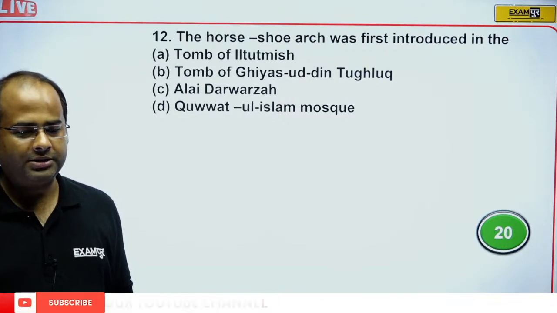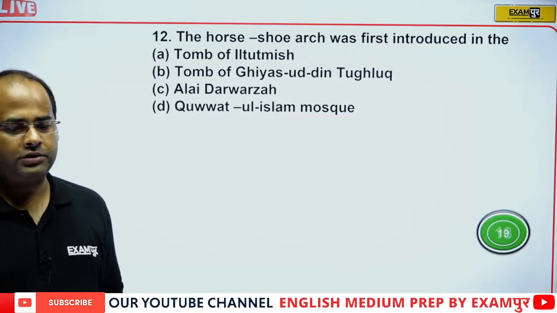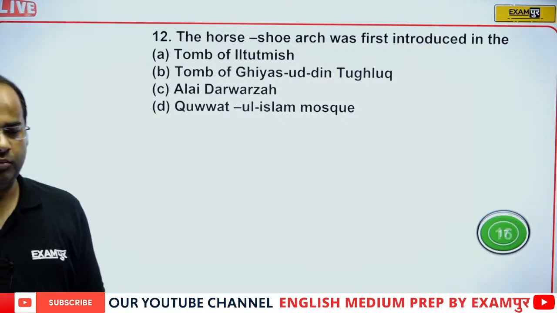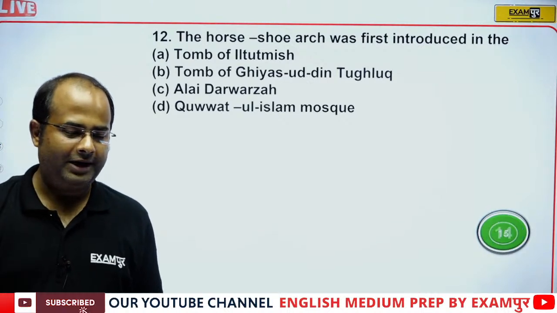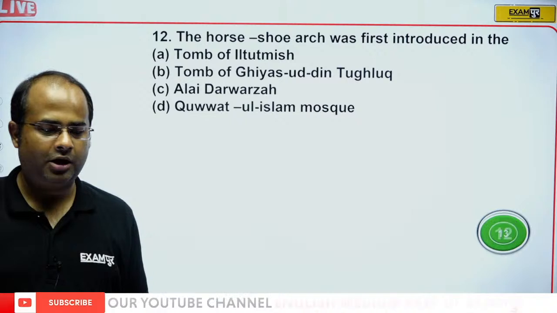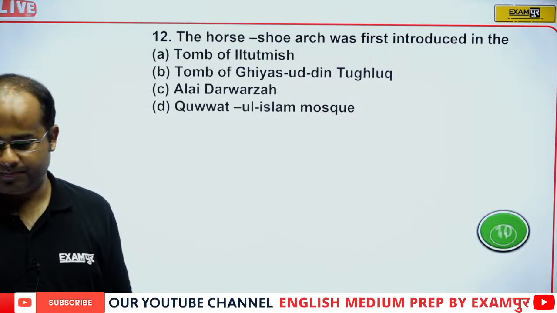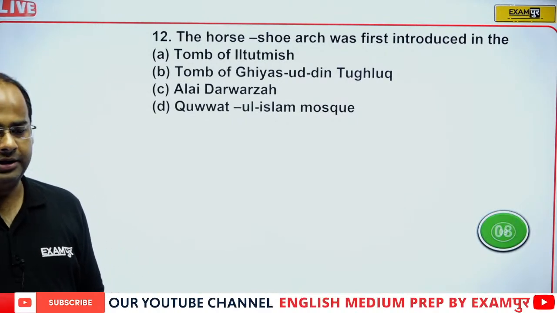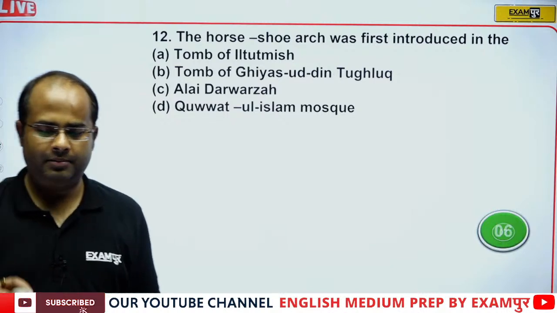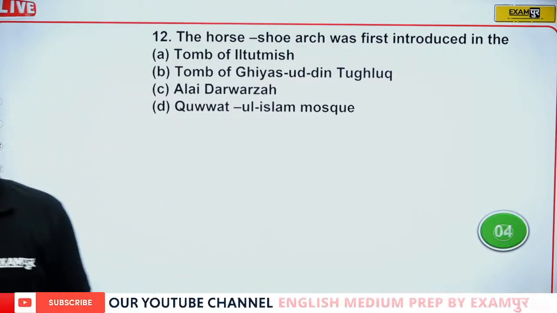The next question, guys: the horseshoe arc was first introduced in the tomb of Iltutmish, tomb of Ghayasuddin Tughlaq, Alai Darwaza, or Quwwatul Islam mosque. So where was the horseshoe arc first shown in an Indian monument?